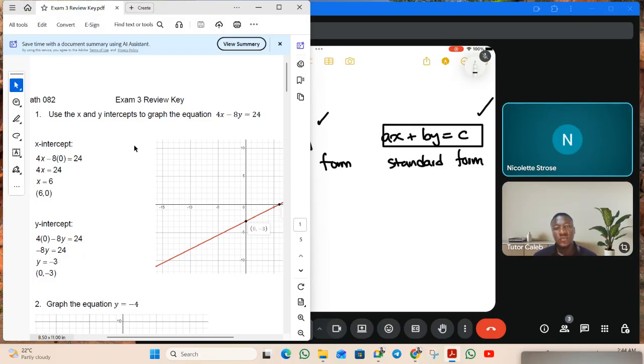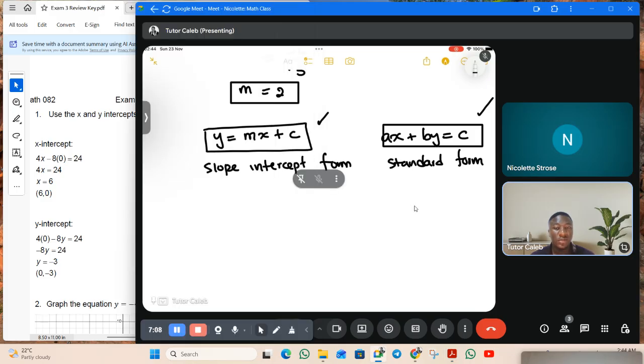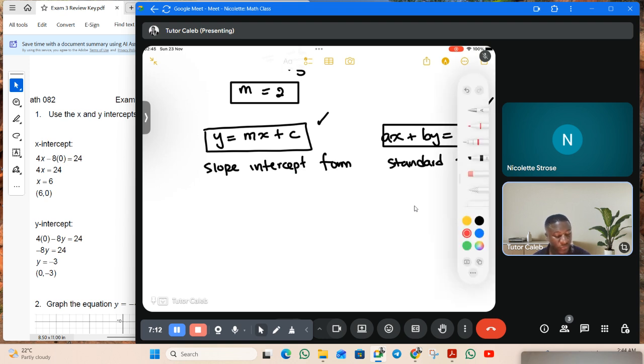Question one is: use the x and y intercept to graph the equation x minus 8y equals 24. Even before we graph that, we have to find the intercept. What I want to teach you now is how to find the intercept. Then I can teach you how to graph after.